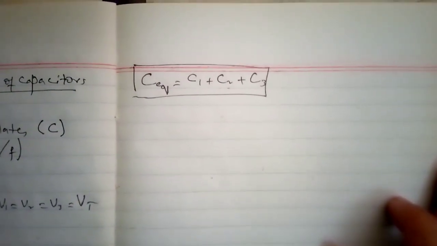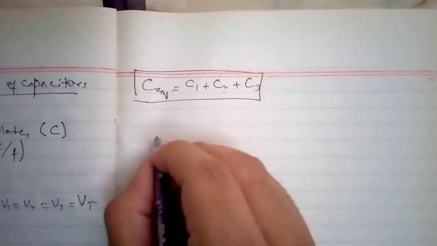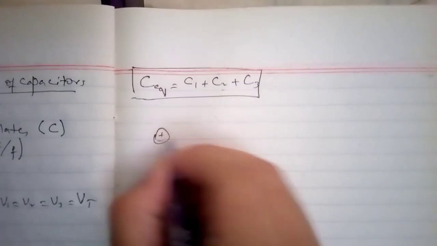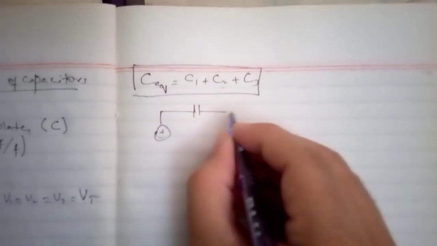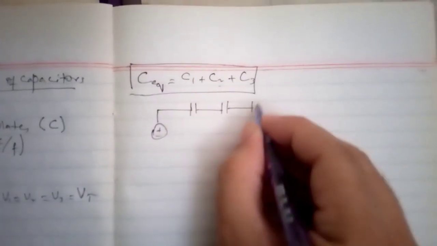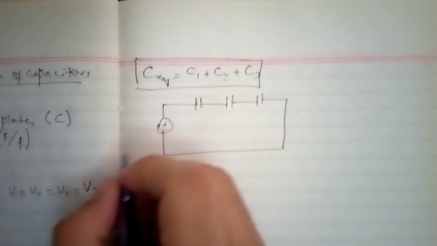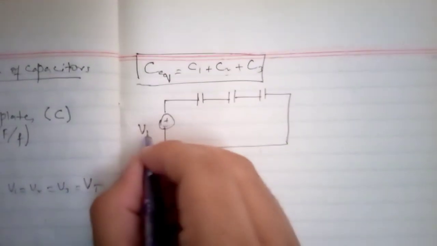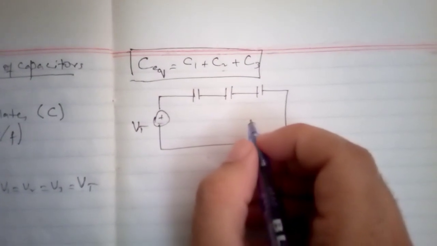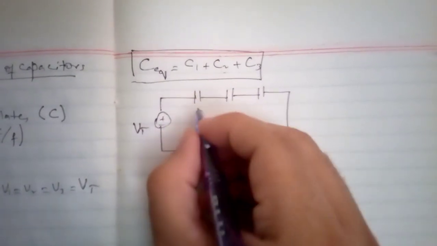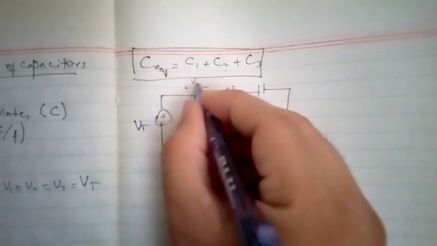Now what will happen if the capacitors are connected in series? This is the voltage source, and the voltage of this voltage source is Vt. It means total voltage. This is C1, it has a voltage plus minus V1.